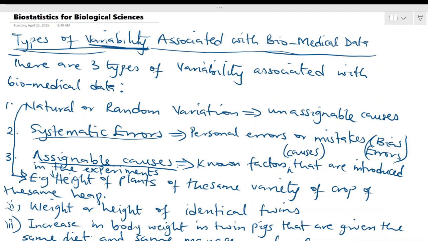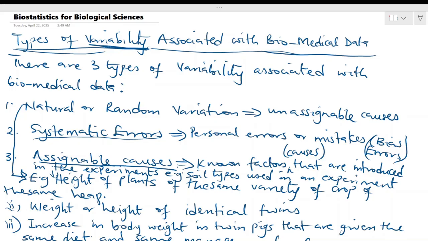Examples of these known factors in experiments could include the soil types used in an experiment or research. You could also have the breed or sex of animals.